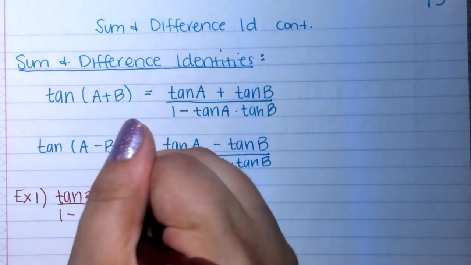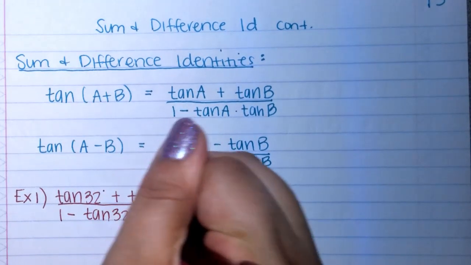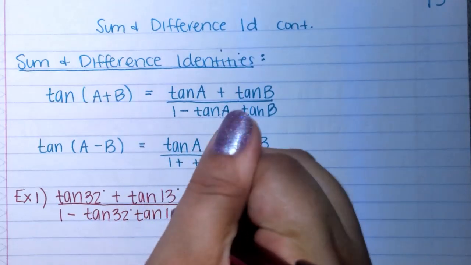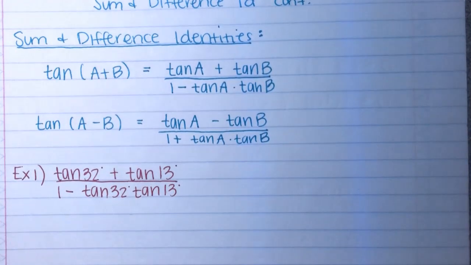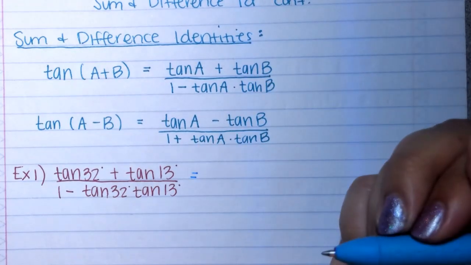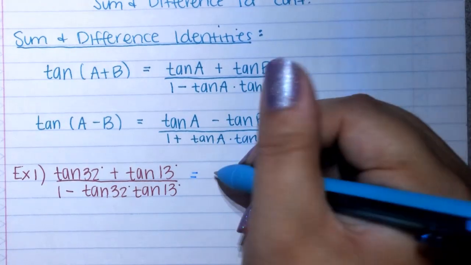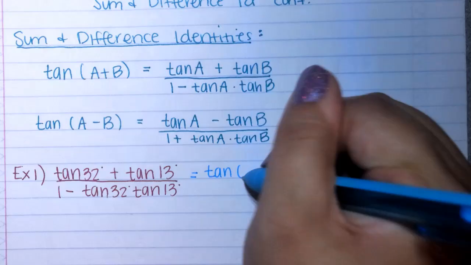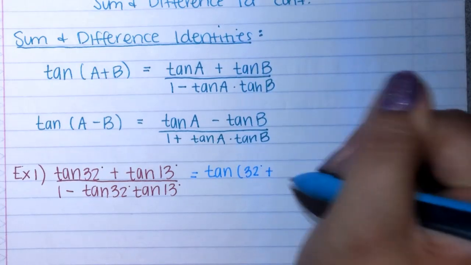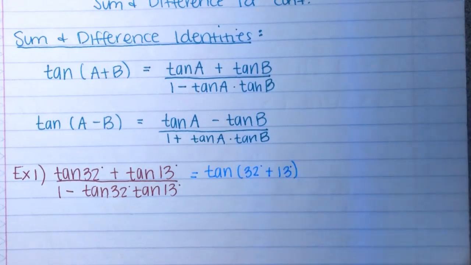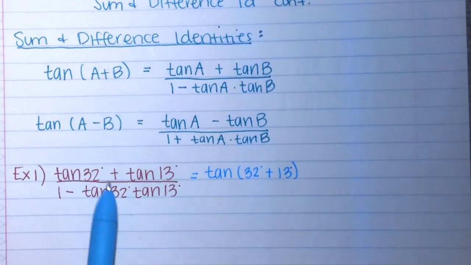Can you simplify this? What is this equivalent to? Tangent of 32 plus 13, because it's the same sign at the top.